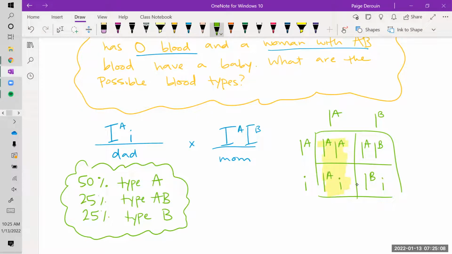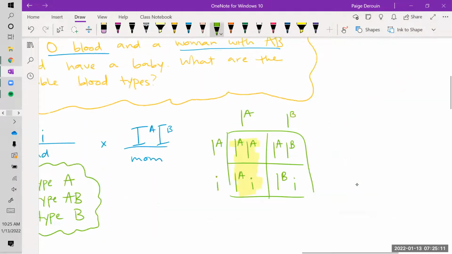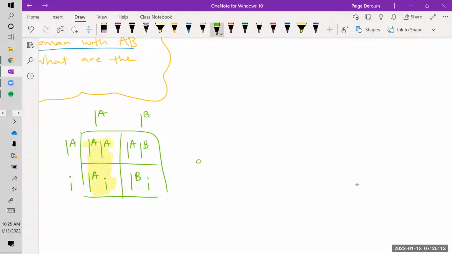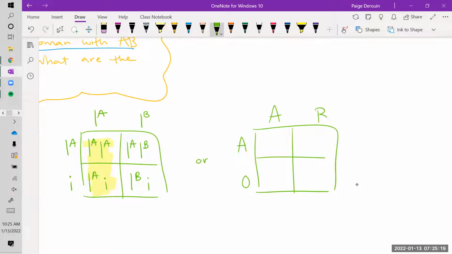Now, I do want to tell you that if you hate the I's and the superscript letters, you can do it this way instead, if you like this better, but you have to remember that this is recessive. So when you do this, you would have this.